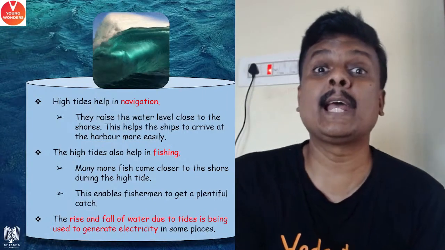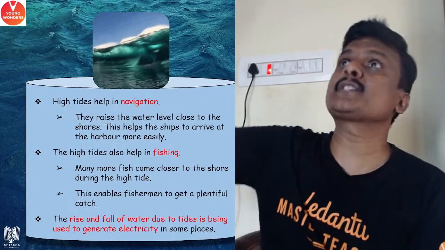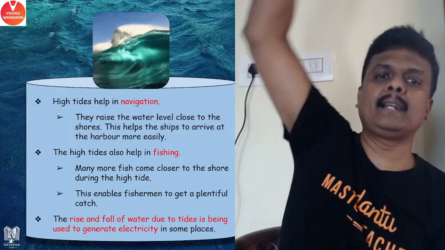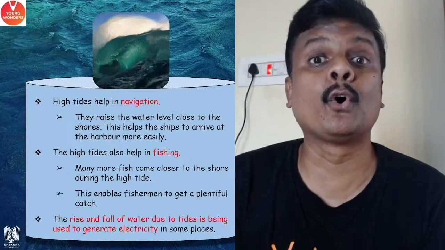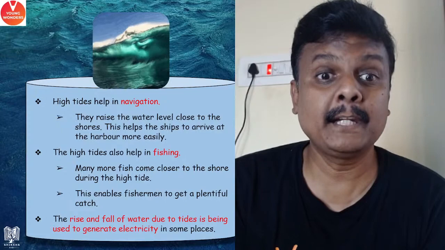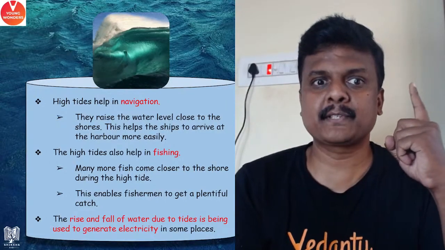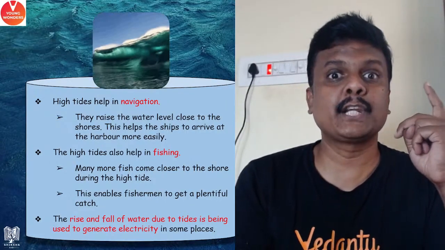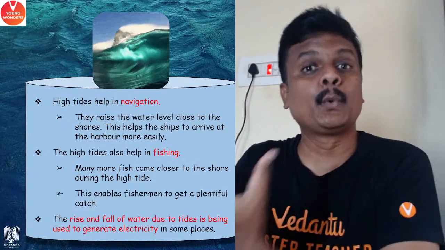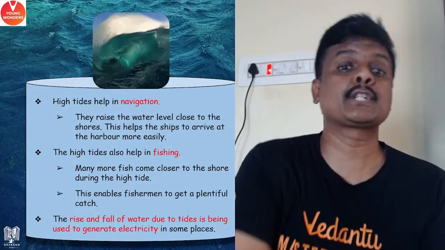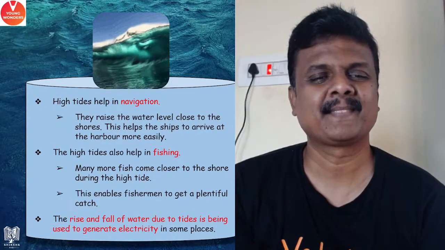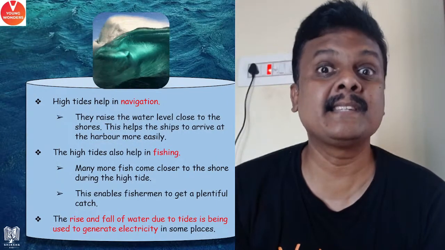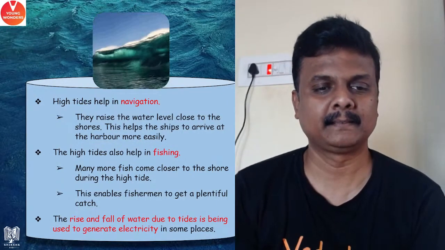High tide also helps in fishing, because when there is high tide, fishes get drawn and pushed towards the shore. I repeat, one, for navigation of ships high tide helps, and for fishing also, because a lot of fishes during high tide are pushed towards the shore. So fishermen easily catch fishes during this time.